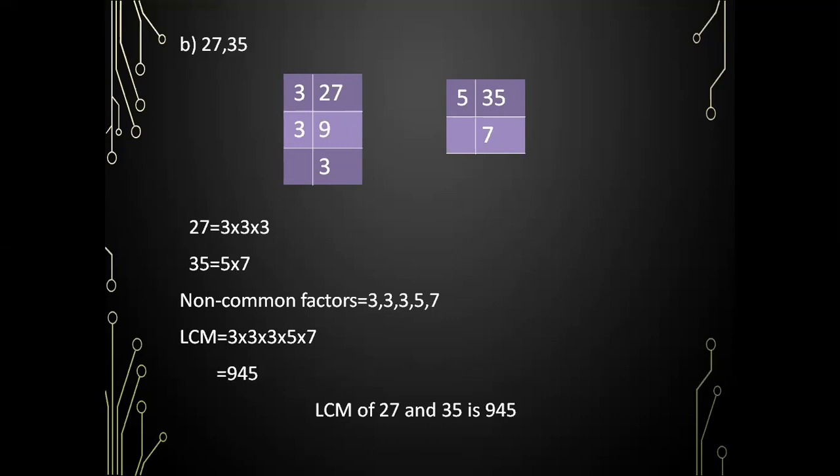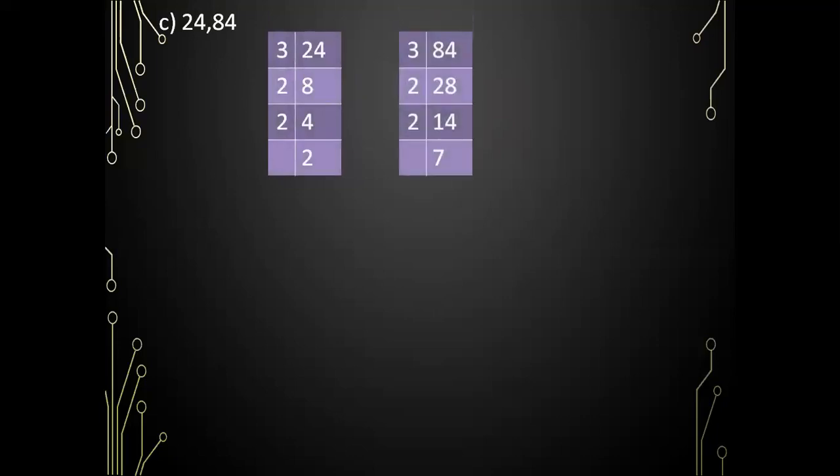Let's move to the next question. 24 and 84. And here is the factorization of 24 and 84. By listing all these numbers, 24 is equal to 3 into 2 into 2 into 2. 84 is equal to 3 into 2 into 2 into 7. The common factors are 3, 2, 2.